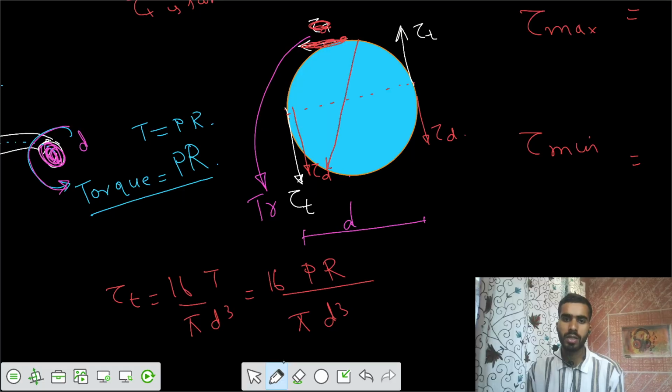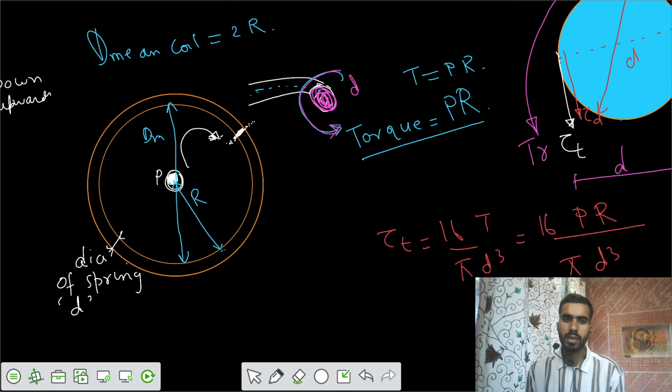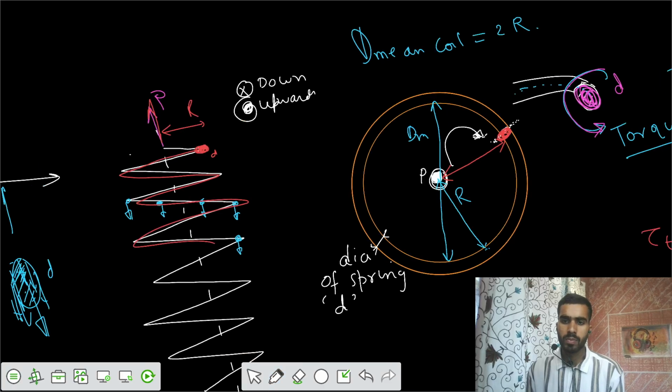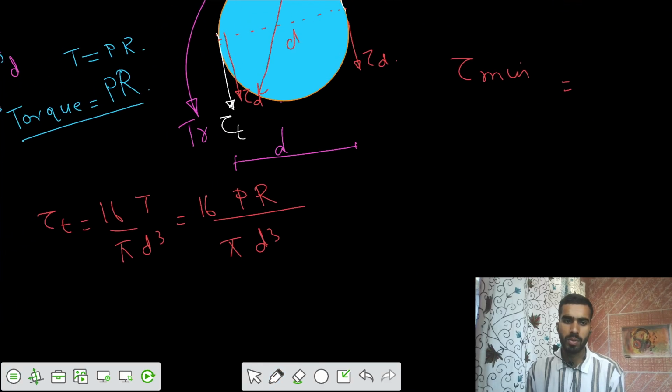This is your diameter d, small d, and this is your radius, the radius of that helical axis. So this was your helical axis, and the load was applied in this way. There was some R, which we can call the mean radius, and there was some diameter d of this spring. So these are the details of that.